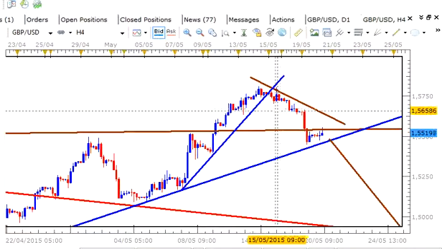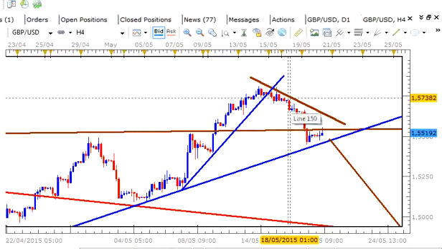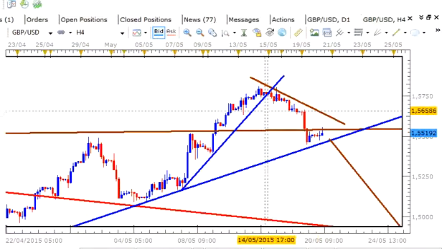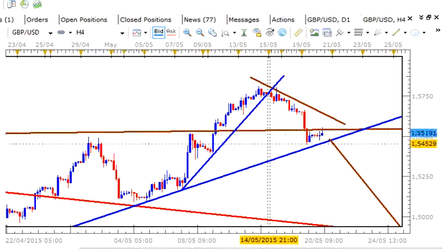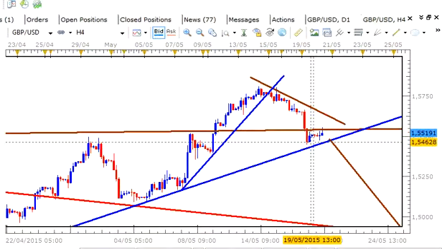So traders who trade these types of setups against the trend would have been able to capture approximately 200 pips as the market declined to this area here.